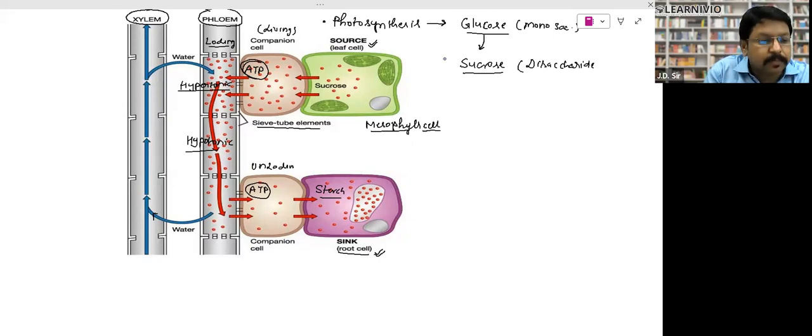Transport of substance takes place from leaf to the root in the form of sucrose, while formation of food takes place in the form of glucose.